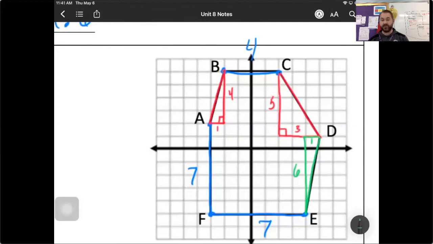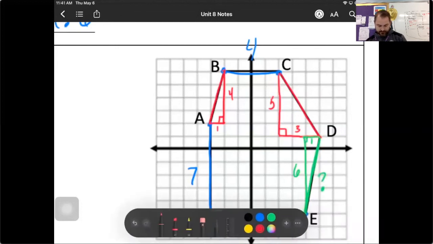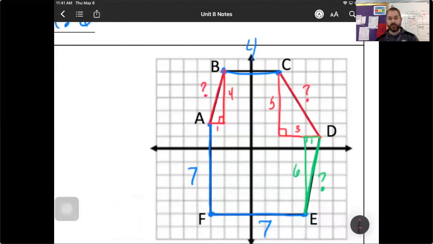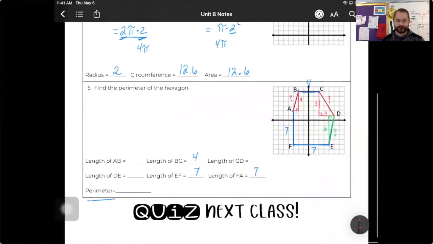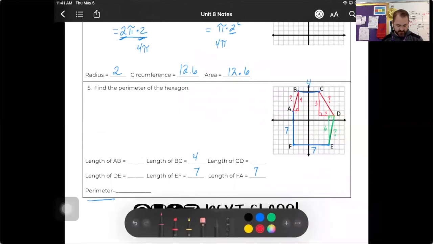So you're going to use Pythagorean Theorem again to find all 3 of these lengths. Okay? I want you to pause the video and finish out Pythagorean Theorem on these 3 lengths to find these and then go ahead and calculate the perimeter. If you need more time, keep the video paused. Otherwise, this is what we should get.